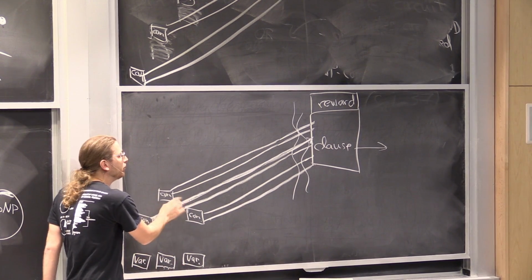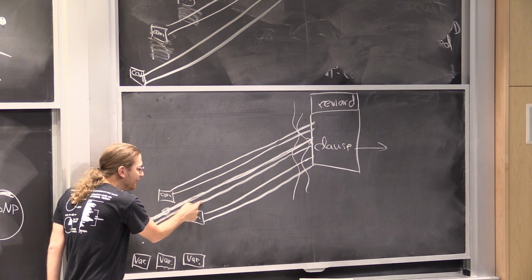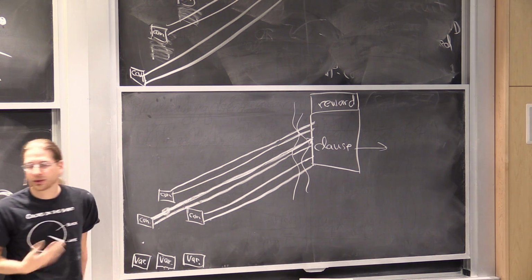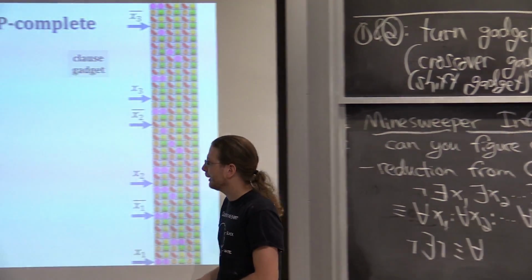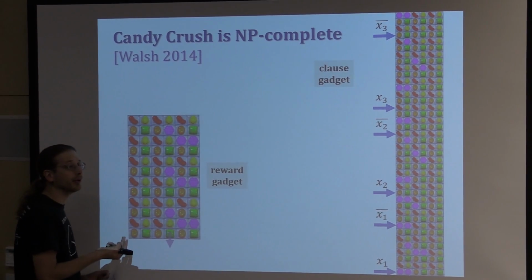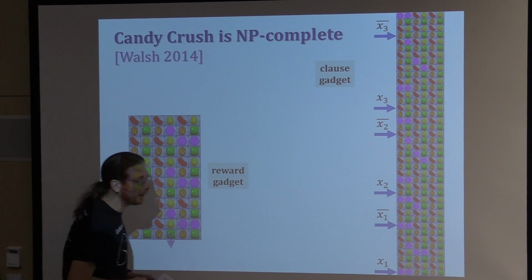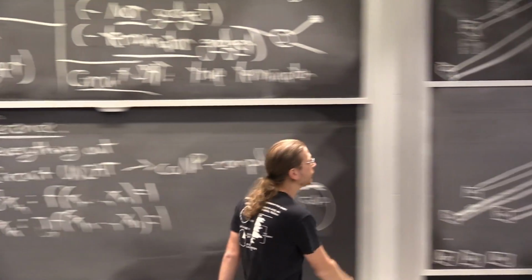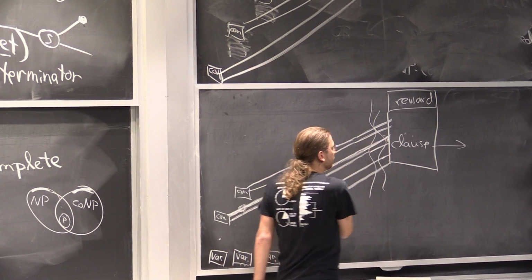It doesn't help enough. You could even set this wire and this wire, an X wire and an X bar wire. But the claim is that will never buy you as much as setting an entire variable. And here's the reason why. I drew this picture simply to say, oh, for every clause, we're going to have this picture connected to some variables.